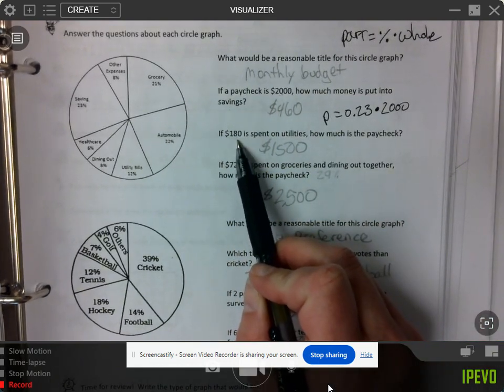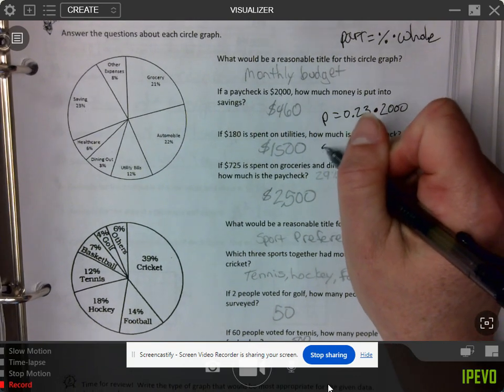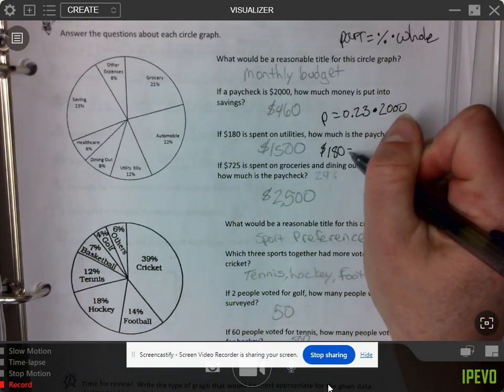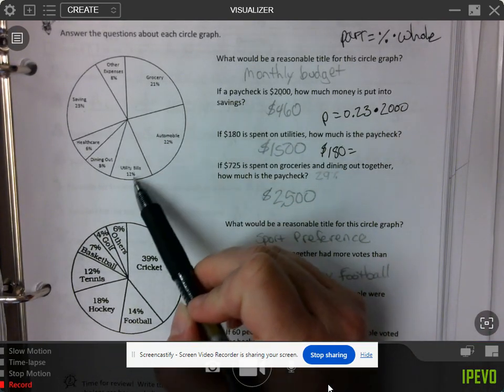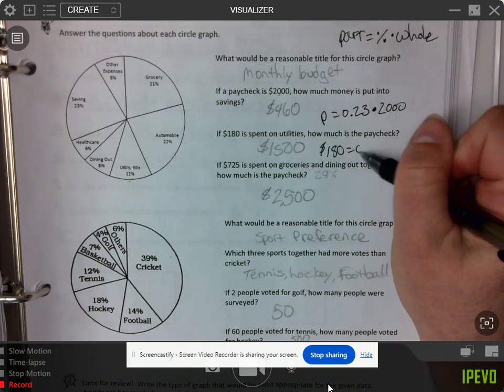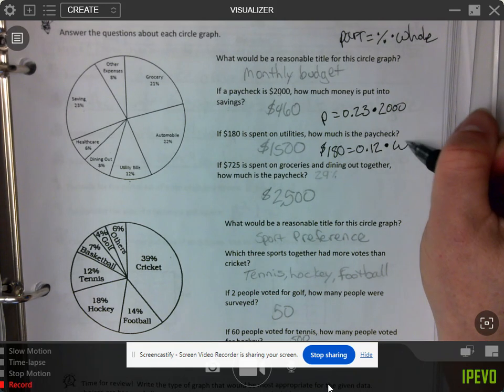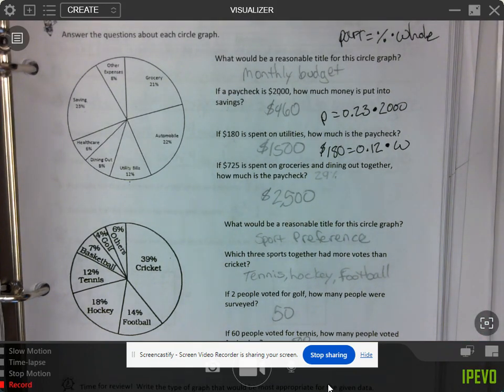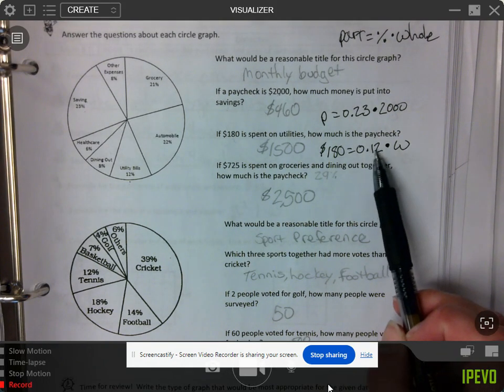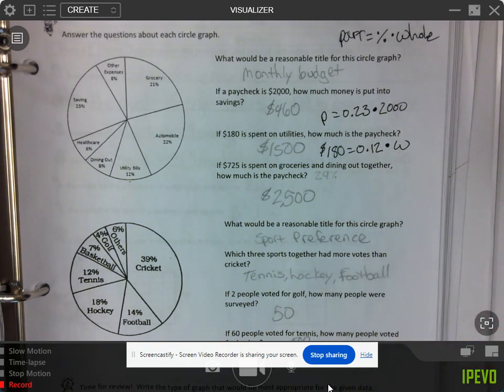Our part being spent on utilities is $180. And utilities is 12%. So I put in a 0.12 for my percent. And I want to know the whole. So to get the whole by itself, what do I have to do with that 0.12? How do I get the whole by itself, Mel? I don't know.